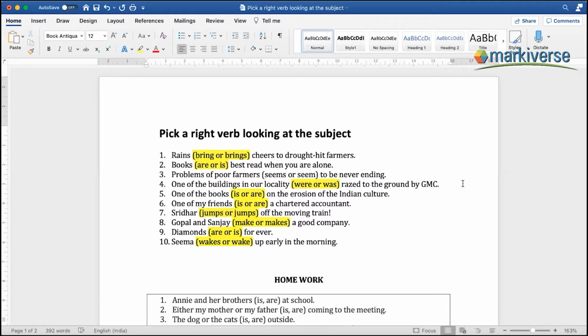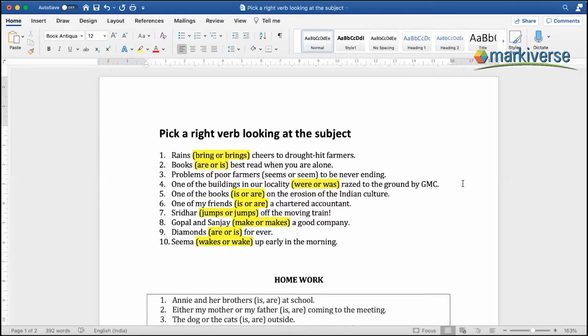So if I say bring, it means a plural verb. And if it is brings, it is a singular verb. Bring is plural verb, brings is singular verb. I hope you got this. This is going to be the most important of all that you will learn in English.